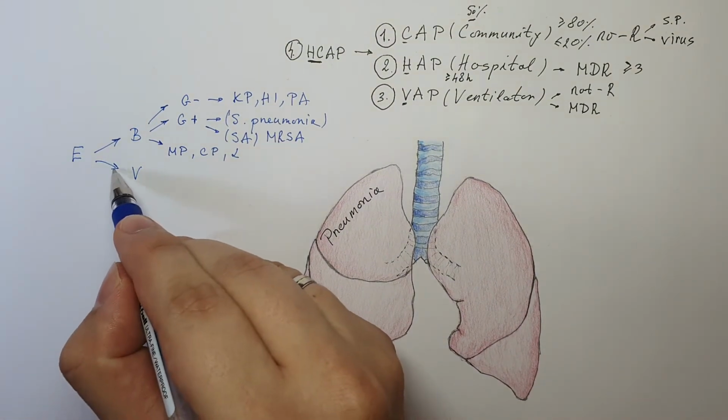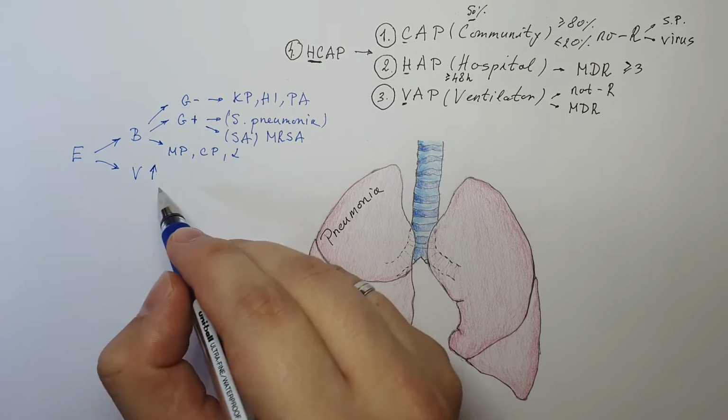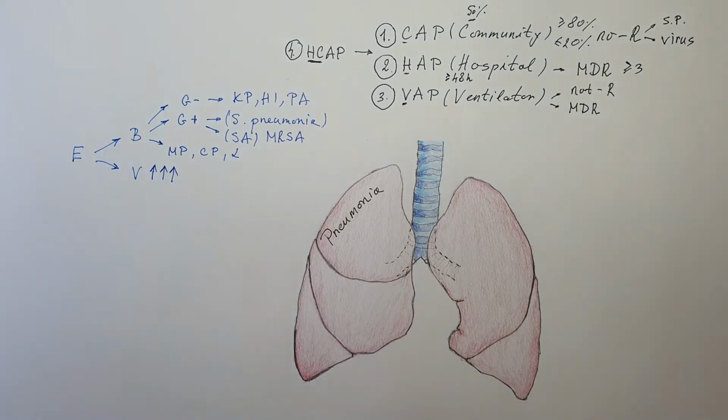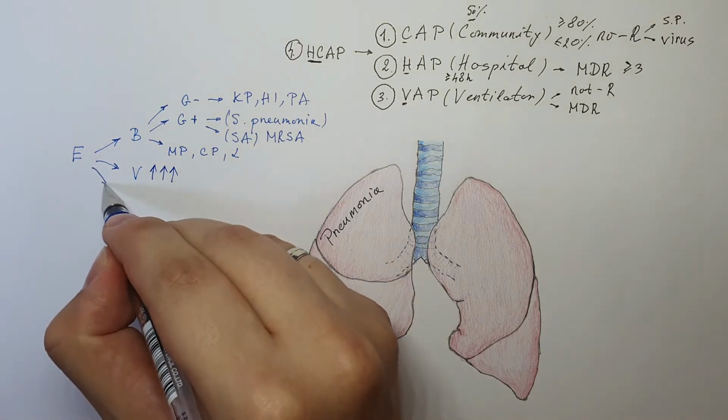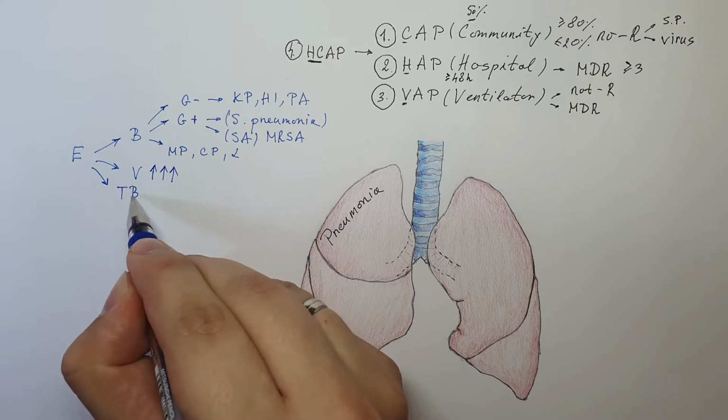It is also speculated that a very large amount of cases of pneumonia is caused by viruses. Also, some specific pneumonias can be caused by special bacteria like tuberculosis, TBC.